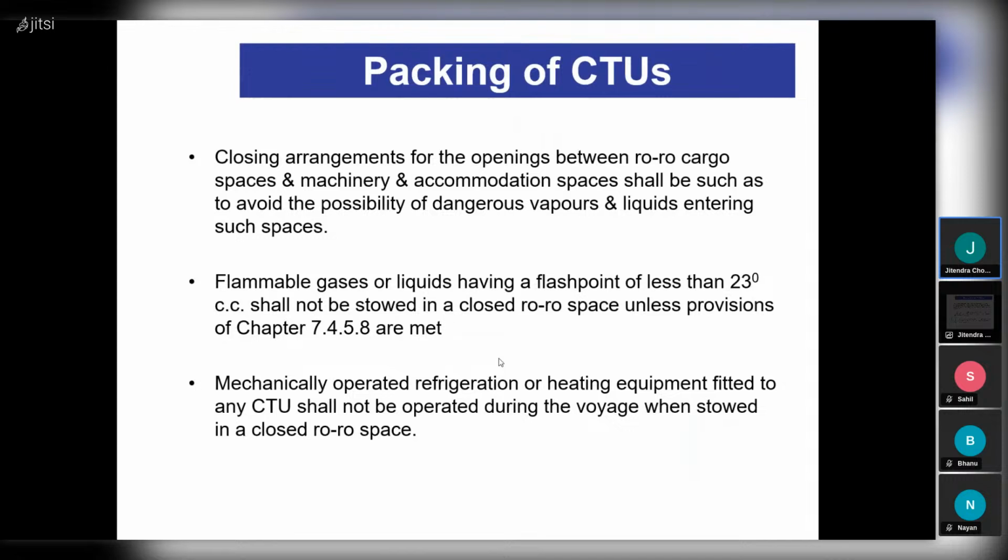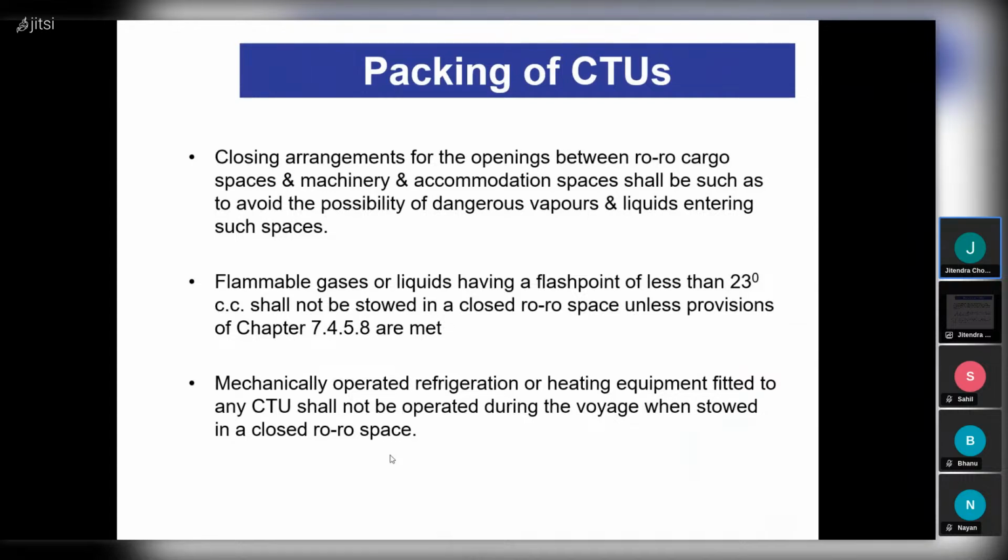Then mechanically operated refrigeration or heating equipment fitted to any CTU shall not be operated during the voyage when stored in a closed ro-ro space. Make sure that if it is a refrigeration container, the temperature has to be maintained at whatever is the set and required temperature.